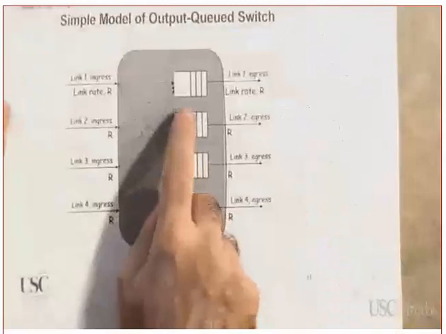Yes or no? How about this one? 1, 3, 1, 3, 4, 2, 4. But in here it's 1, 1, 2, 3, 4, 3, 4.